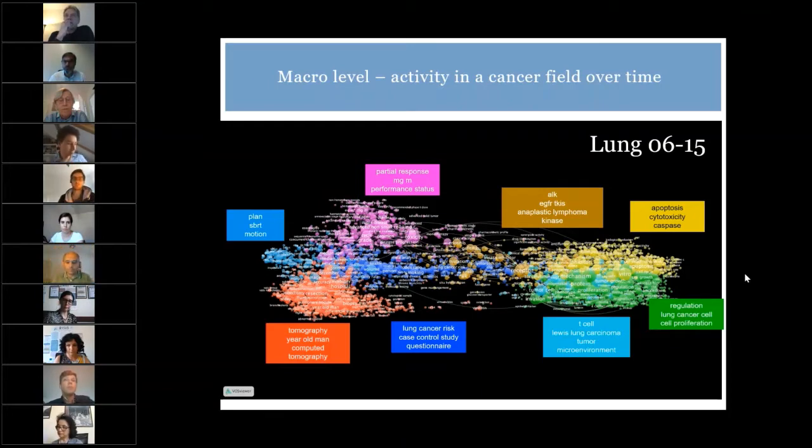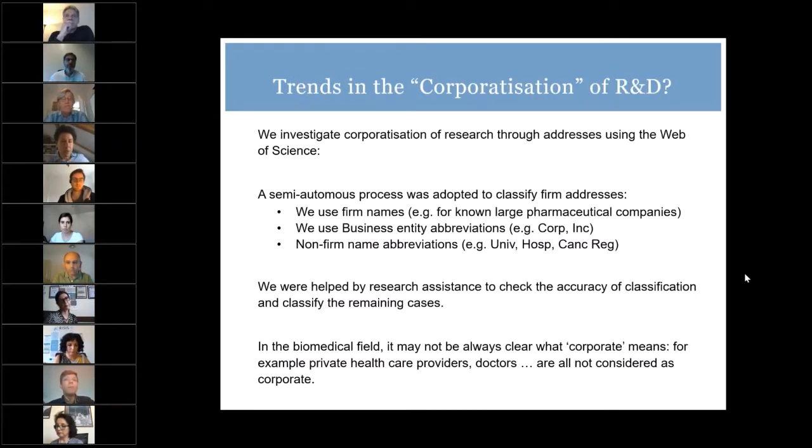If we could have the next slide, please. What we then have been able to do, very much along the lines that was described in the CWTS talk, is identify those publications that are associated with industrial organizations, and we can do that in various ways. And of course, there's also some manual cleaning involved here.